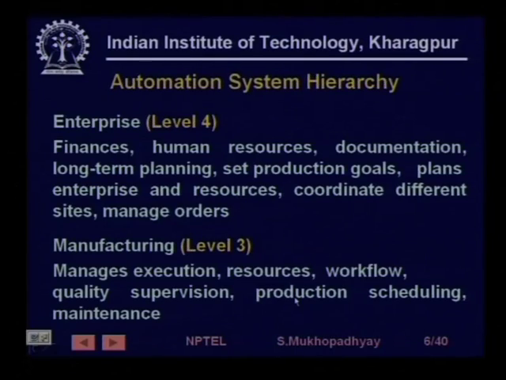Below that is level 3. Once the enterprise level comes out with orders and provides schedules, I mean the capacities which are going to be available, then the manufacturing level sits down and says, okay, now I have to make so many pieces of this over such time with such kind of resources, right.